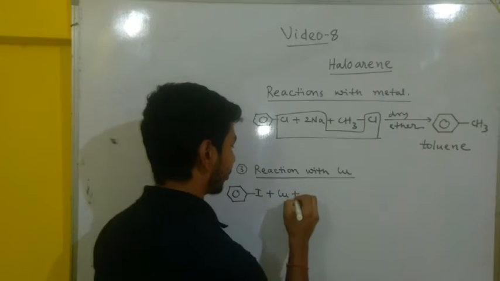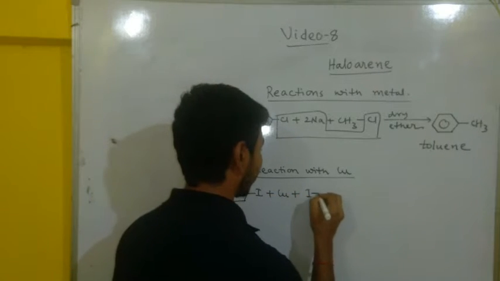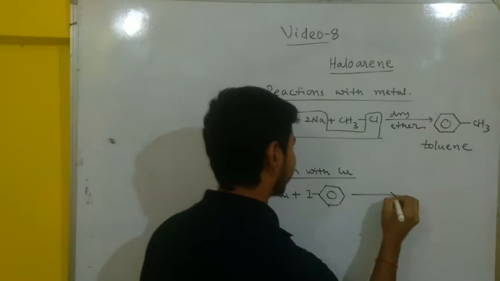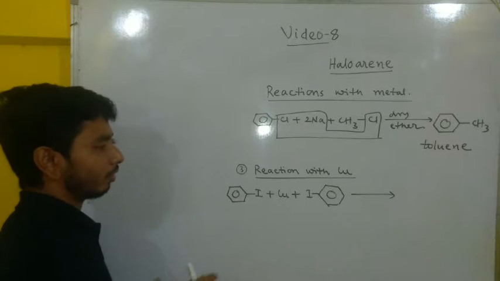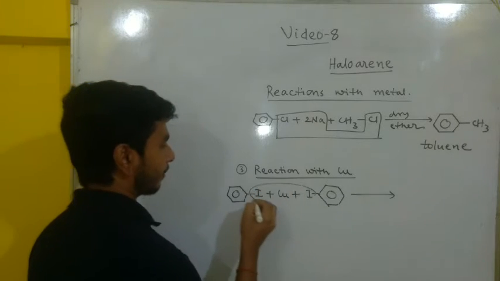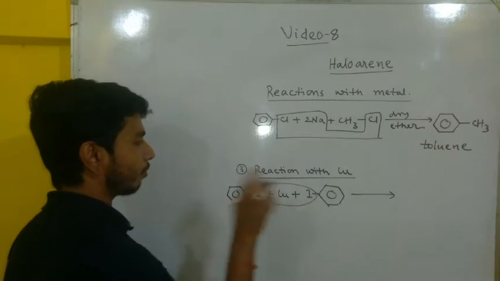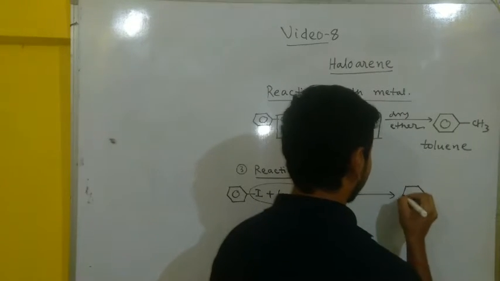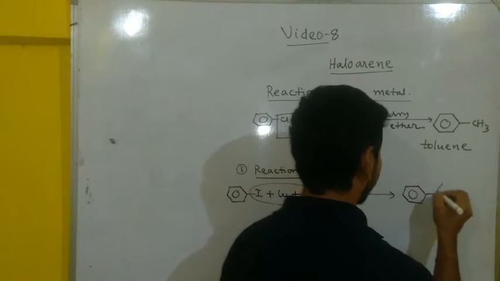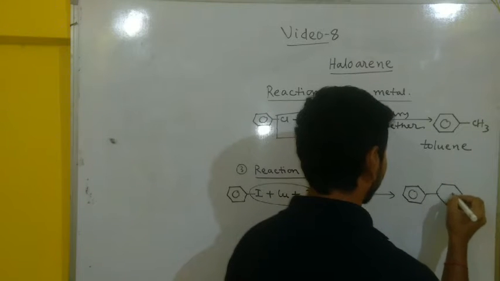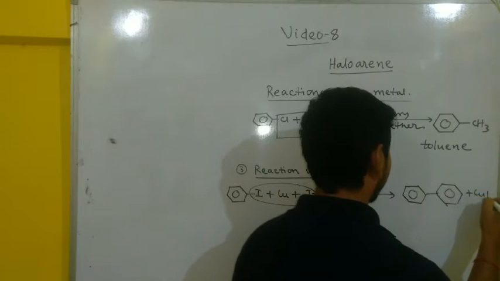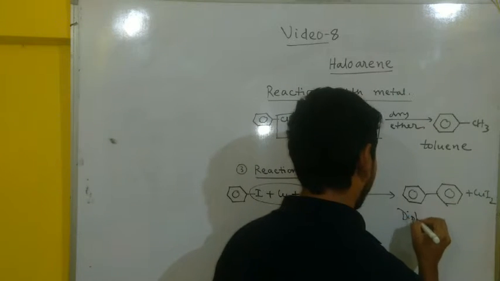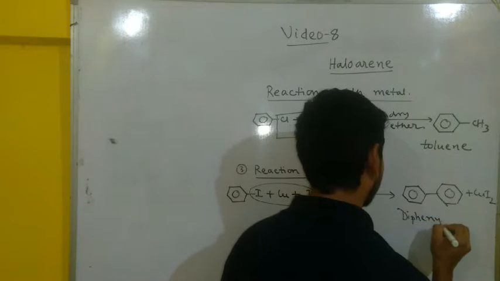Two moles of iodobenzene on reaction with copper, the CuI2 part is removed, so the two benzene rings join, that is, we get diphenyl plus CuI2.